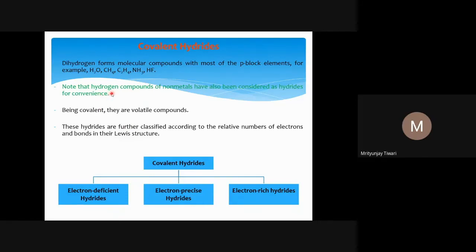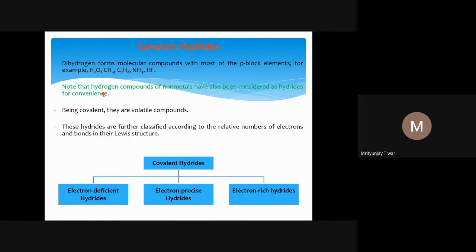Note here that hydrogen compounds of non-metals have also been considered as hydrides for convenience. As I said earlier, nowadays the compounds of hydrogen with non-metals are also considered as hydrides. Earlier people thought that only compounds of hydrogen with metals would be hydrides, like nitrides and oxides, where the oxidation state of hydrogen is -1.